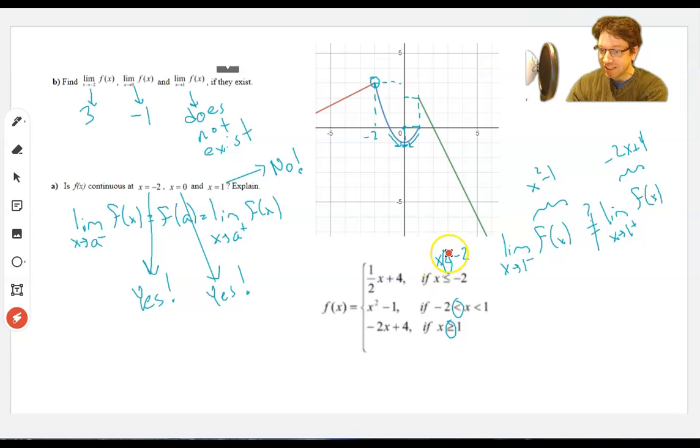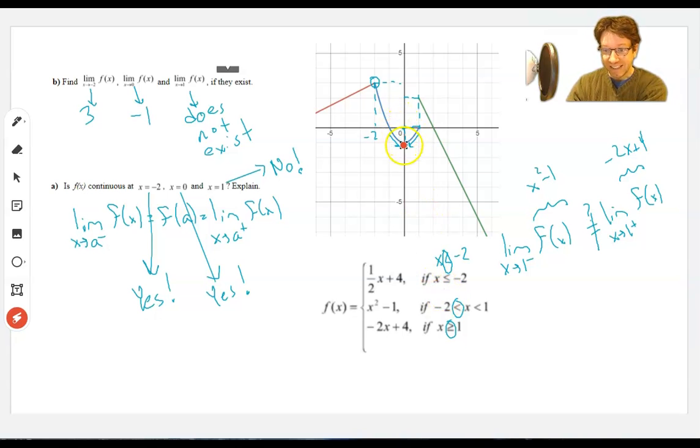However, be careful, because if I change that to simply less than, and this one is also just greater than, not equal to, that means the function itself wouldn't be defined at that point. And so the function would not have a value at, say, negative 2. And so, no, it would not be continuous. So you have to be very careful whether or not there's an equal to there as well.